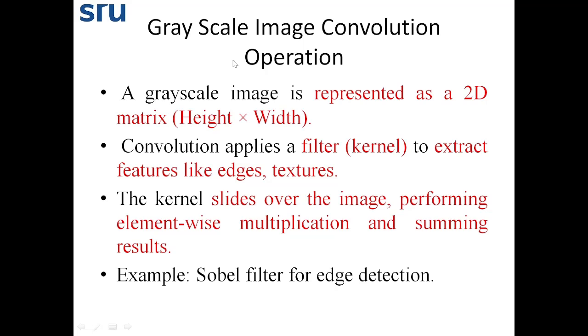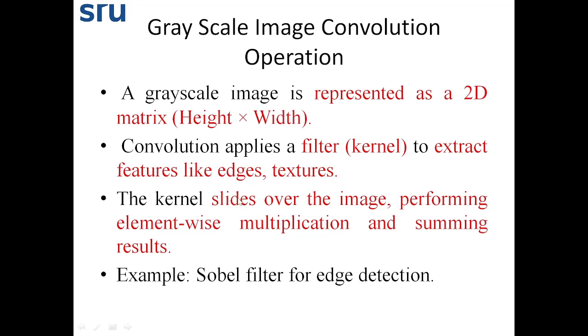Then we will see here grayscale image convolution. This grayscale image is represented as a 2D matrix, here height cross width. Convolution applies a filter. This filter is also called a kernel to extract features like edges and textures.